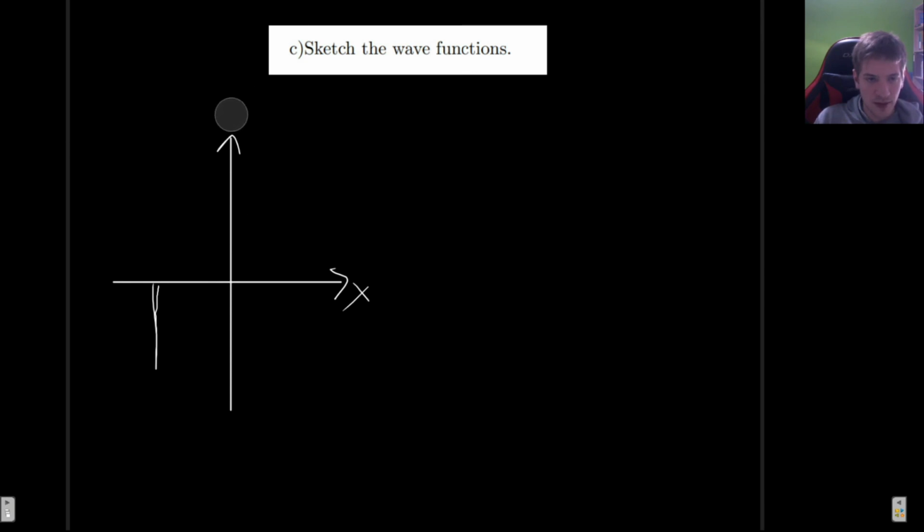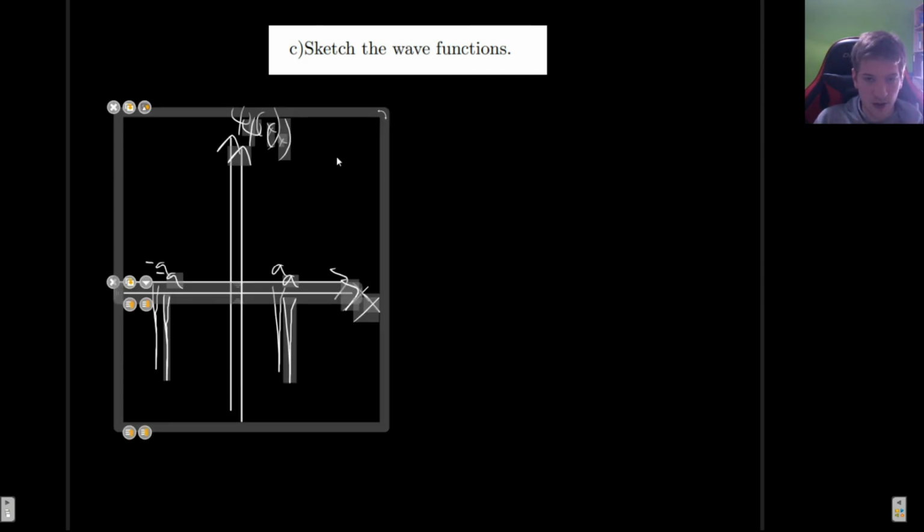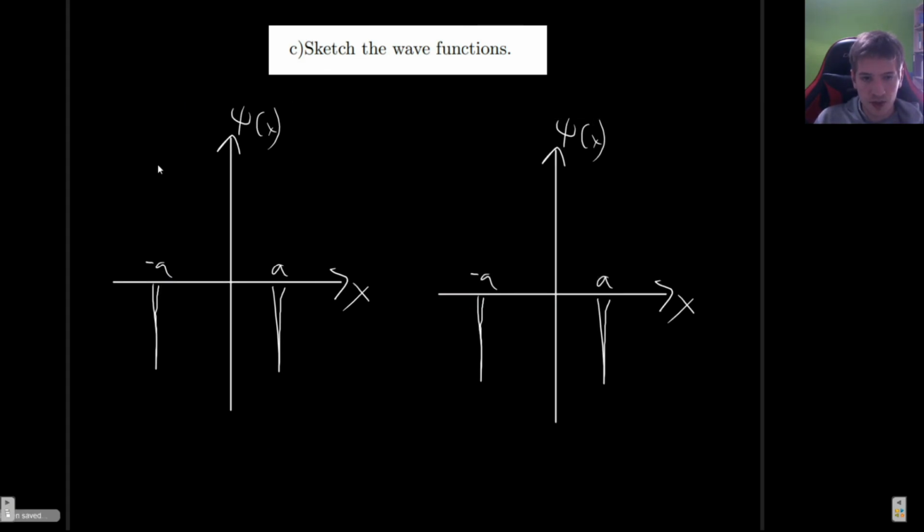Well, in this case we are going to be sketching the wave functions, right? So let's put here the potentials for reference. So this is going to be minus a, and I'm going to copy this for the case of the odd solutions. So this is going to be even, and this is going to be odd.